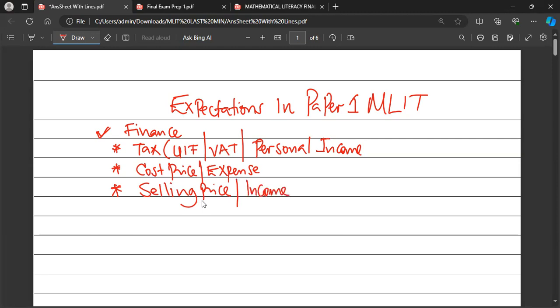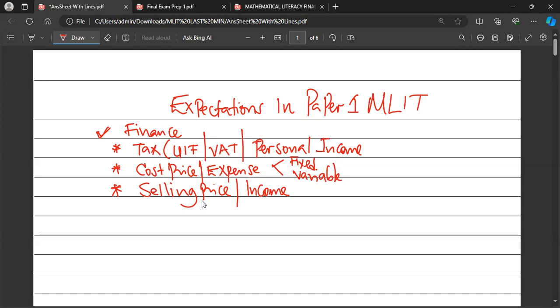When it comes to expenses, they are divided into two. We have the fixed, and we also have the variable. You remember that? They might ask you to create a function, create a table, or plot a graph.